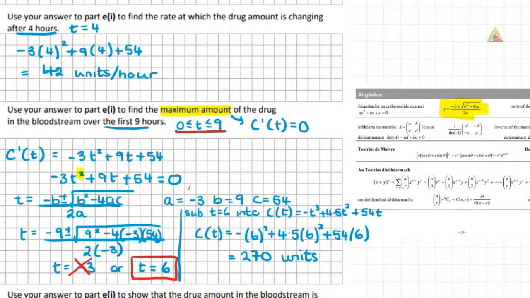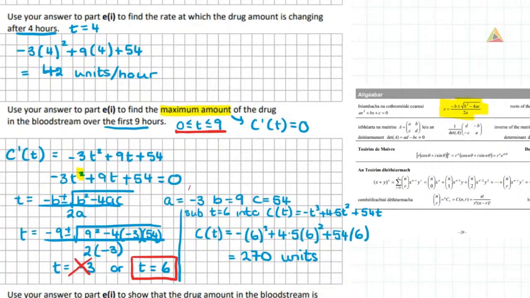Now, that's the amount of the drug. It's not the rate of change of the drug, which is why it goes back into the original equation, C of t, and we get units rather than units per hour. It's not a rate of change. We know that the maximum amount occurs when the rate of change, or dy/dx, or C dash of t is equal to 0.